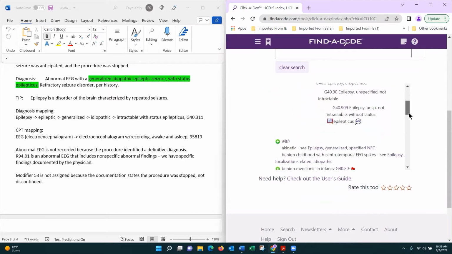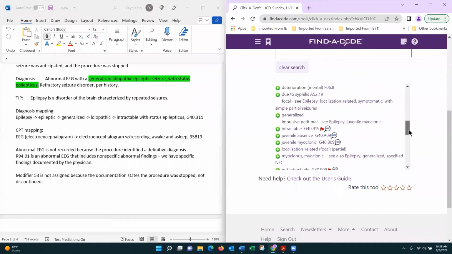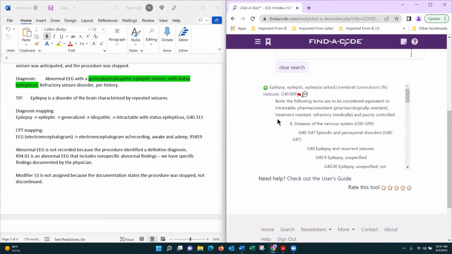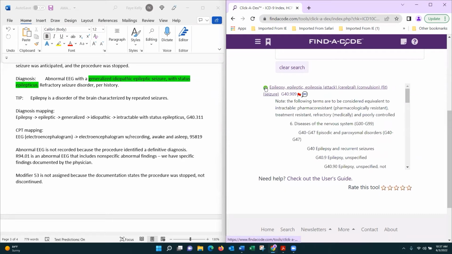All right, so I want to look for generalized.